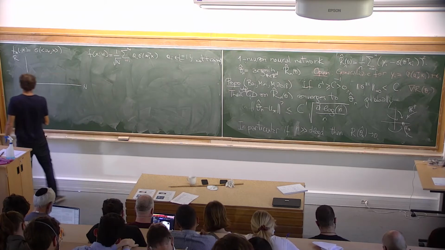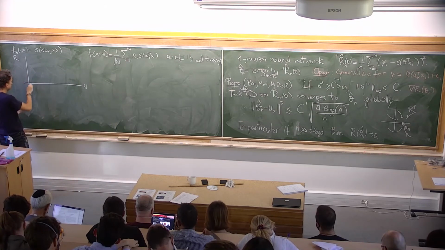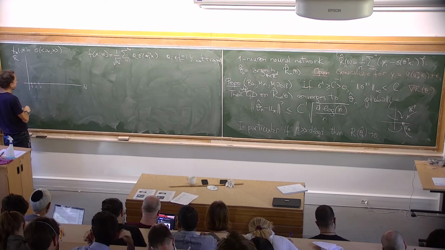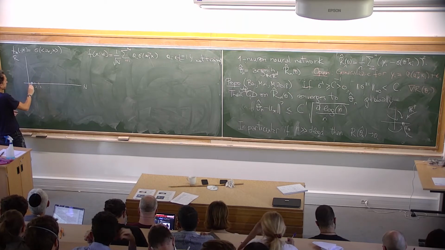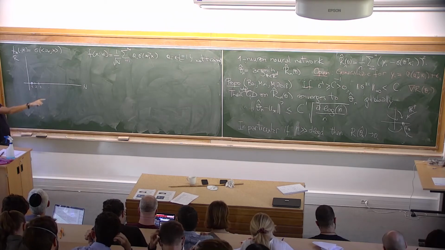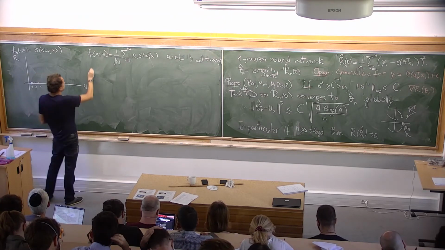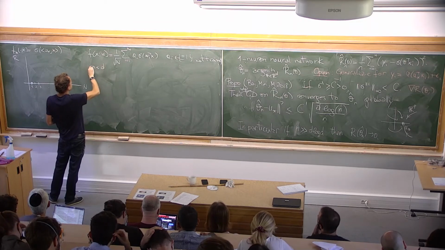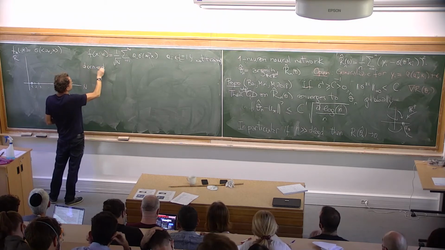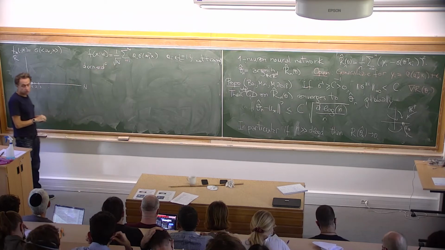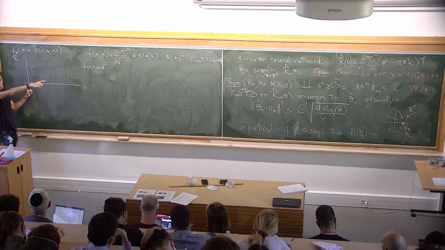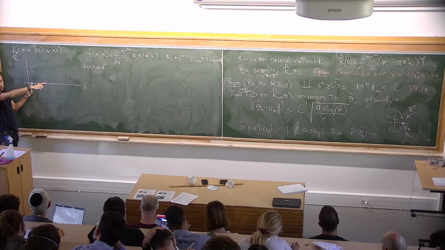So here we have n equal 1, 2, 3, etc. We have a point here that is the theorem. It says that the risk, let's say also that the sample size is subpolynomial, so much bigger than d and much smaller than d to some constant power, will go to 0.